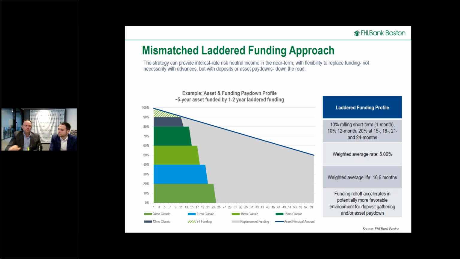Because we have our funding in place, we have our asset in place, but then the funding starts to roll off, and then we have a longer duration asset that needs to be replaced. So that's that long-term liability sensitive strategy. But if we have a long-term asset sensitive balance sheet, those things match up. And it provides us earnings now in an interest rate risk neutral way in a period when we really, really need those earnings for many.